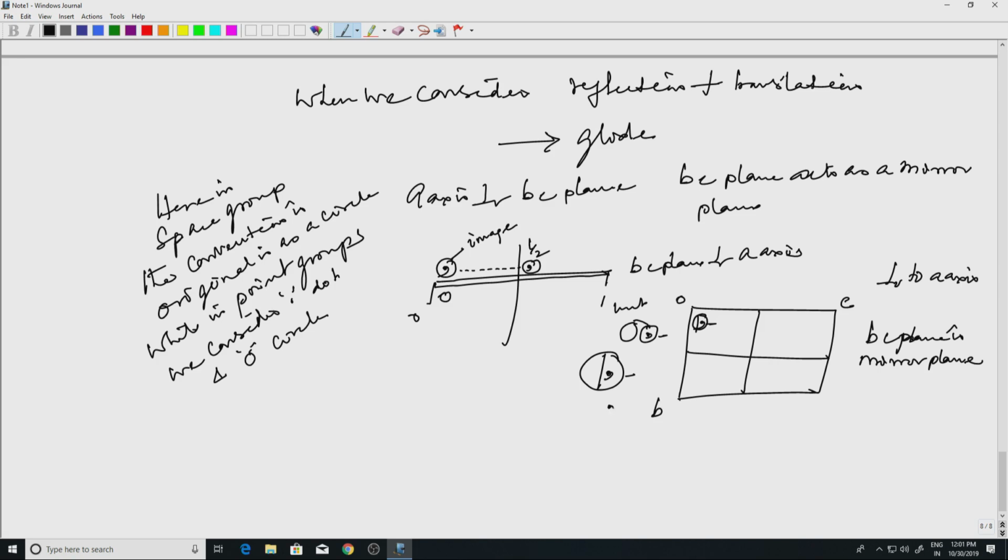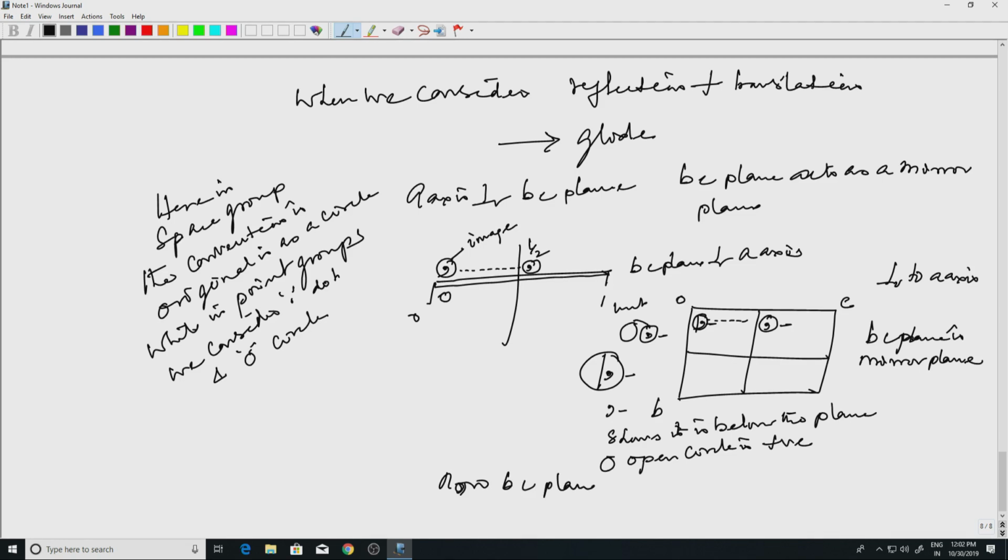So this comma and minus shows it is below the plane. Open circle is positive. Now this moves here, so you get it here. So this is now BC plane is the mirror.